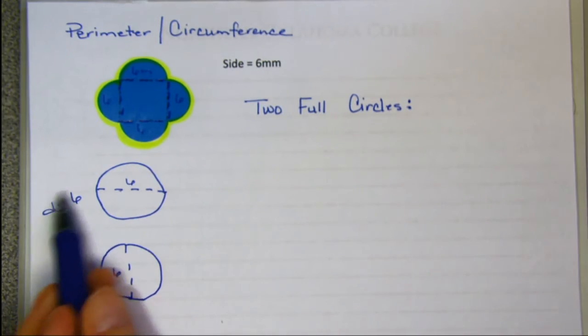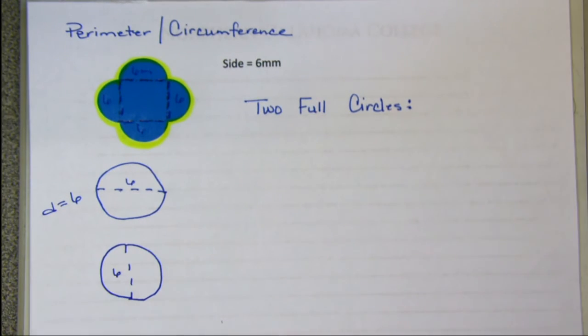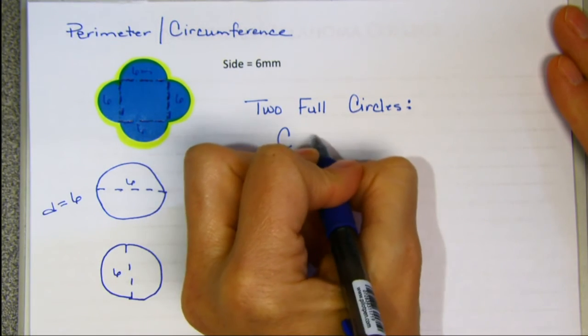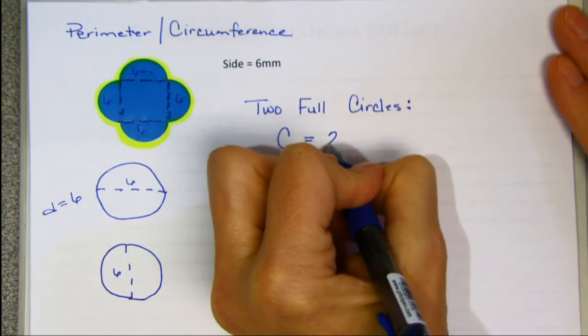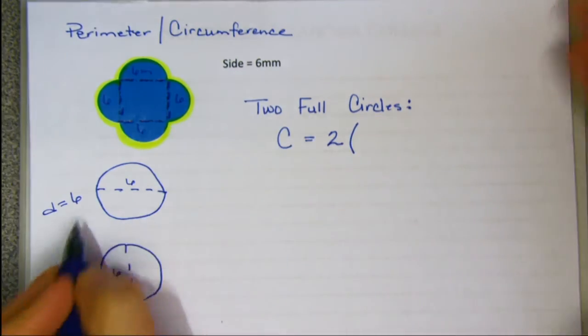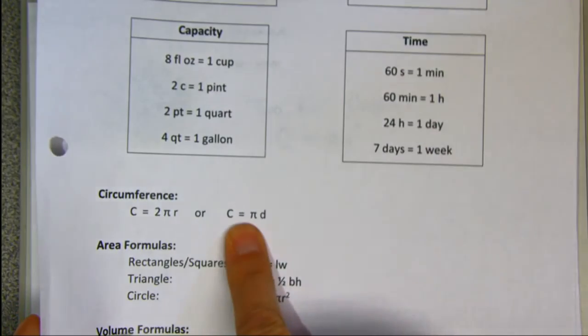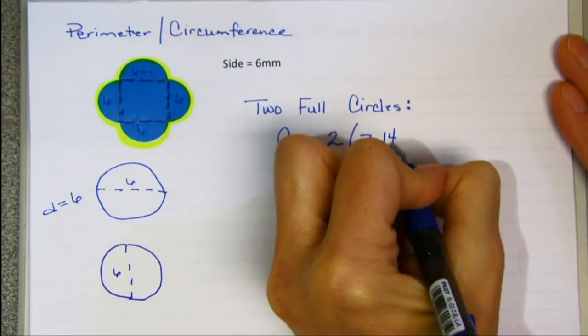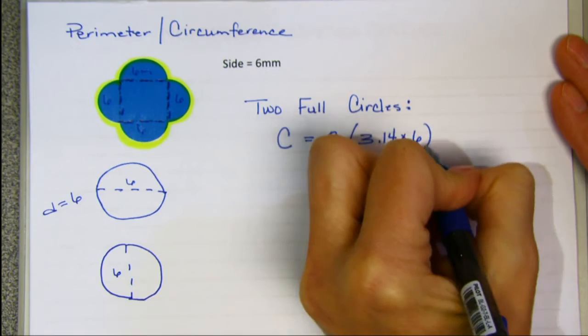And we know that the diameter of each circle is 6. So to find, in this case, the circumference or perimeter, we have 2 full circles. We're given the diameter, so I'm going to use this formula. 3.14 times diameter, which is 6.